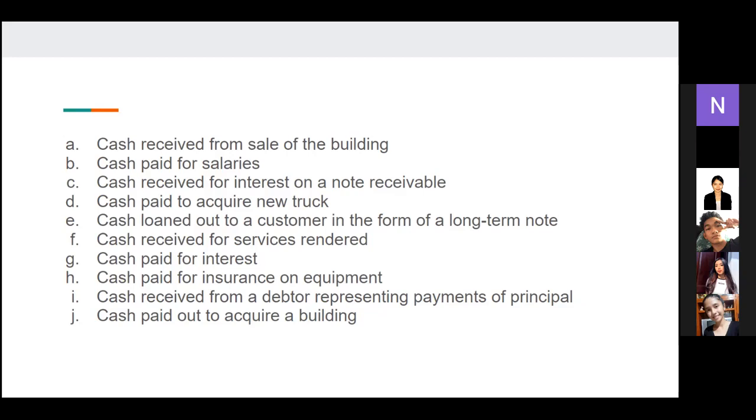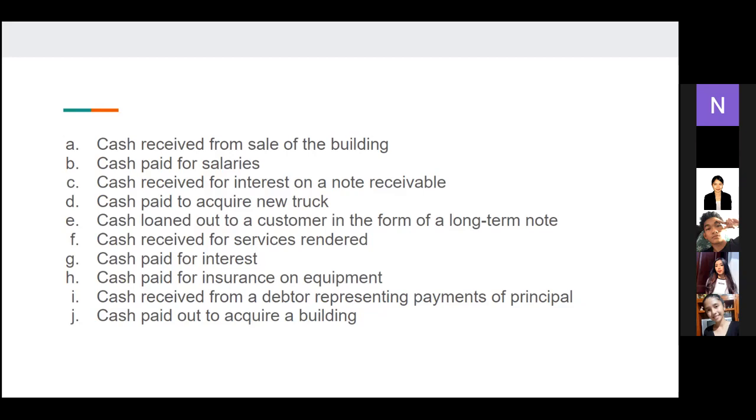So, ibig sabihin kapag current assets is sa operating siya. May interest naman siya, pero itong transaction na to is talaga siya sa notes receivable. Parang ang main niya po is note receivable kaya under siya ng operating po. Oo. Sige po. Yes.